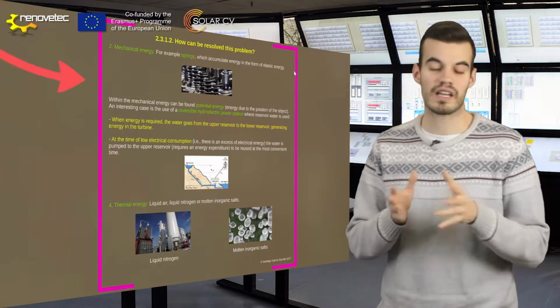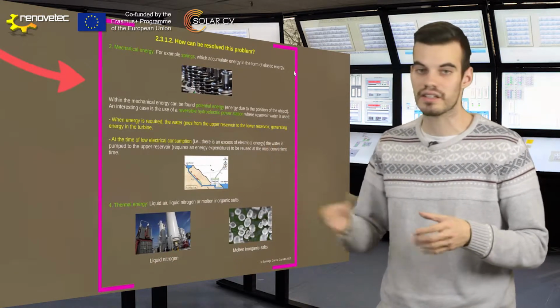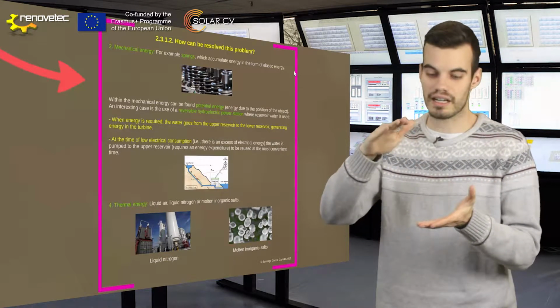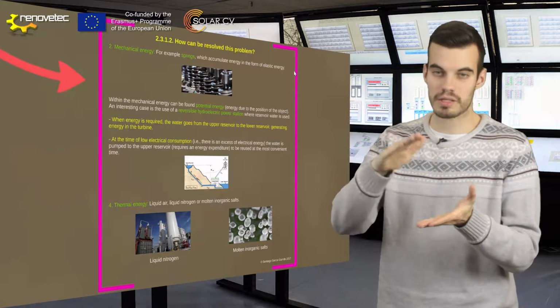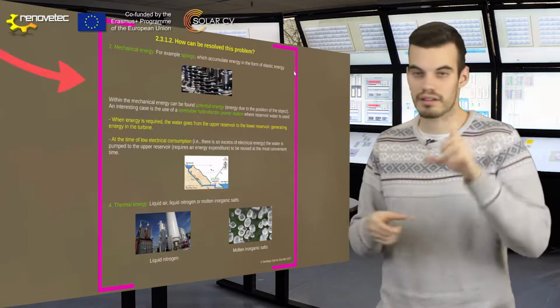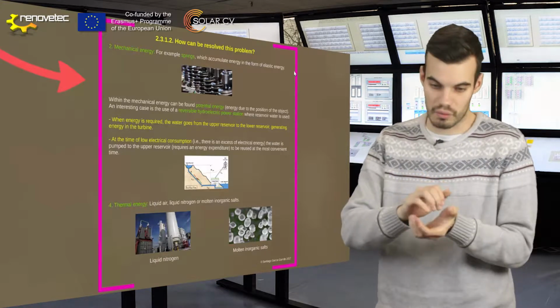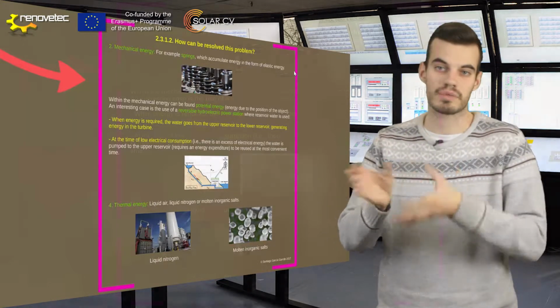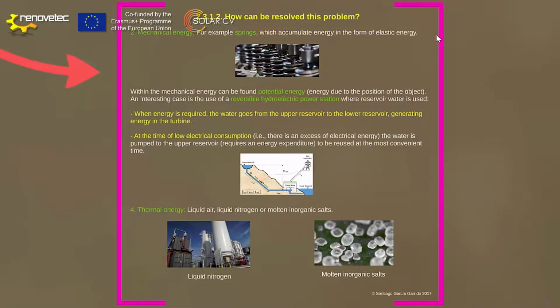On the other hand, we have mechanical energy, for example springs: in a car, we compress a spring and it has mechanical work, and we can transfer this mechanical work into other types of energy, for example thermal energy or electrical energy.